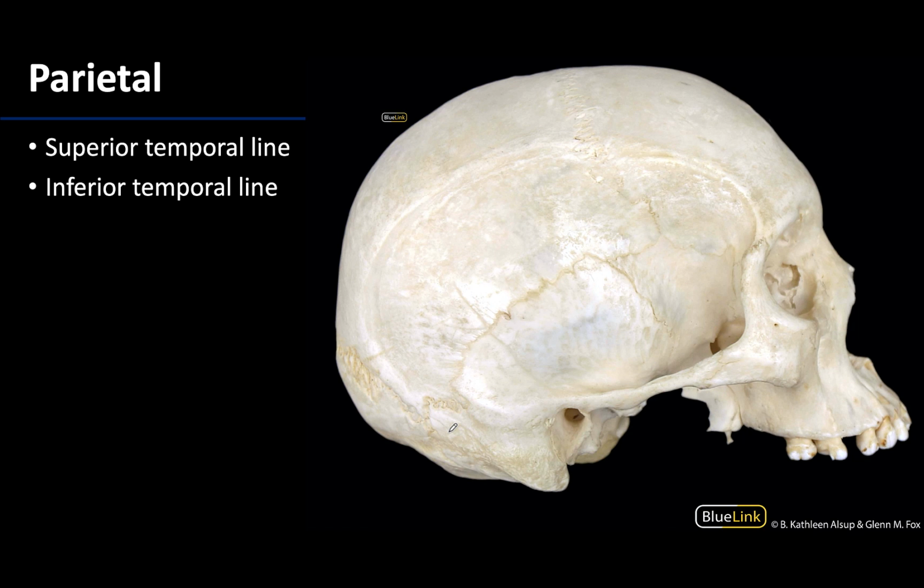Lastly, let's identify the superior or proximal attachments of the temporal muscle and fascia. You're going to have two lines here. The superior temporal line, which is located right here, I'll put an ST, is going to be an attachment for temporal fascia, whereas the inferior temporal line, which I'll put an IT right here, is going to be an attachment site for the temporalis muscle and its tendons itself.